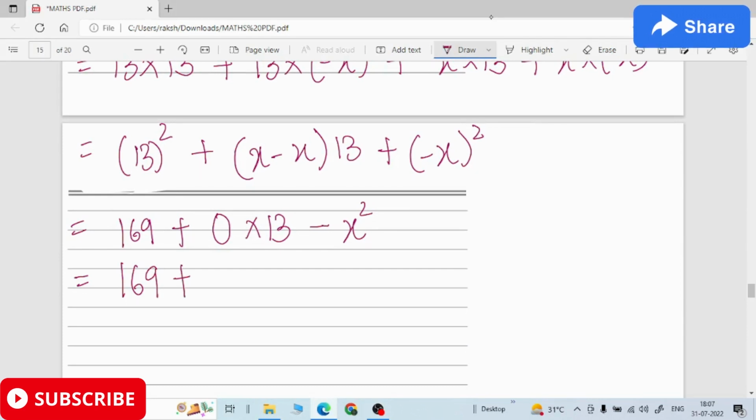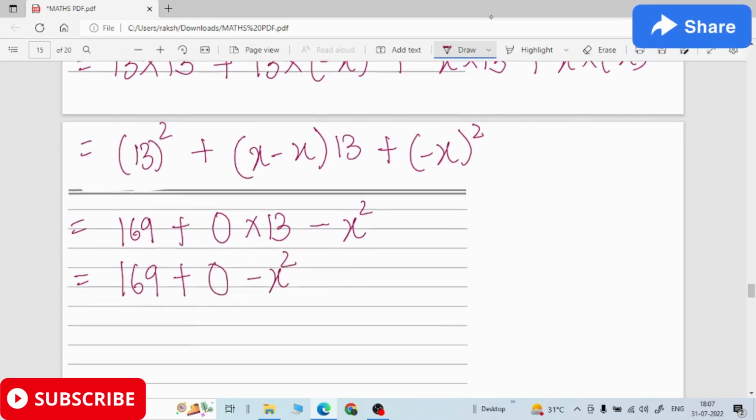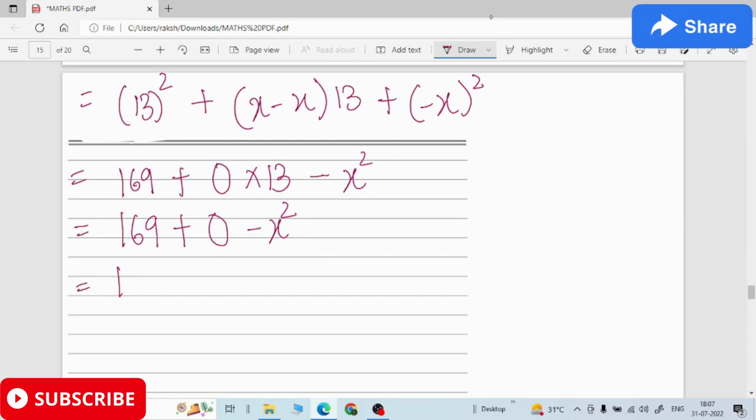What is the answer we are getting? It is 0, minus x square. So in the formula we can't write 0 directly, that is 169 minus x square. I think everyone understood. You can go back, rewind and see again.